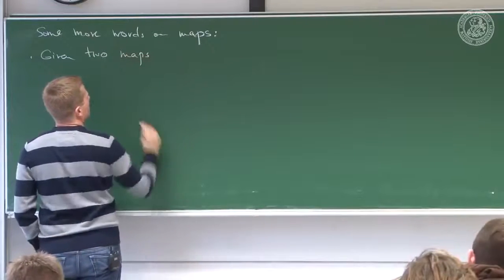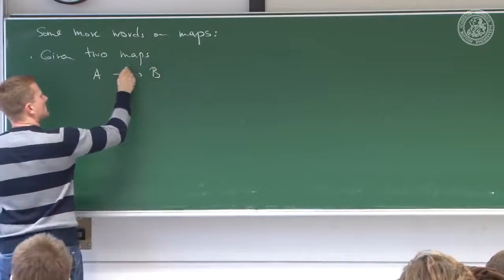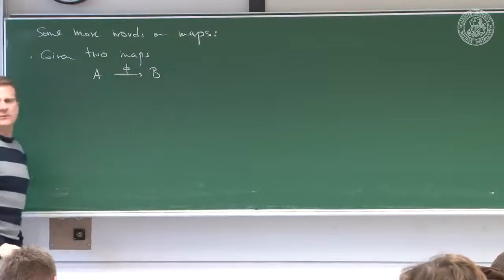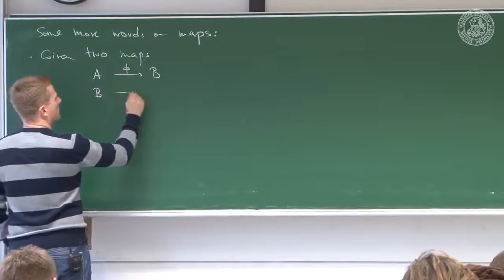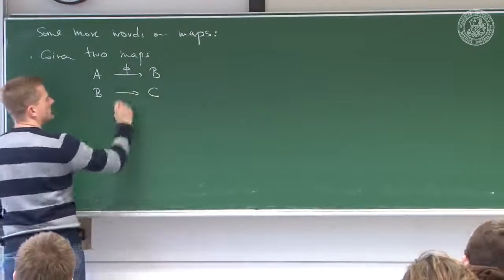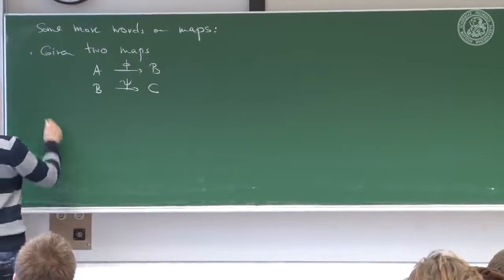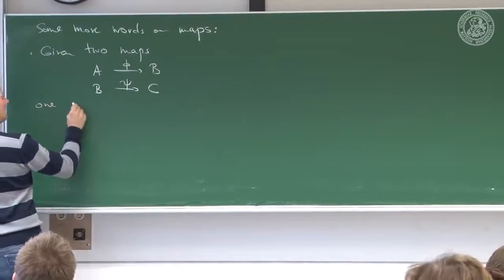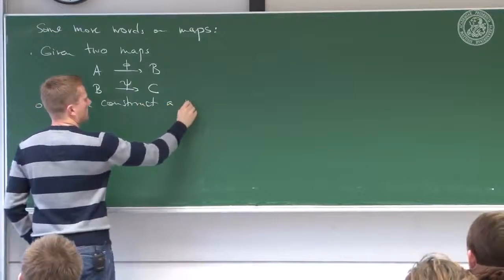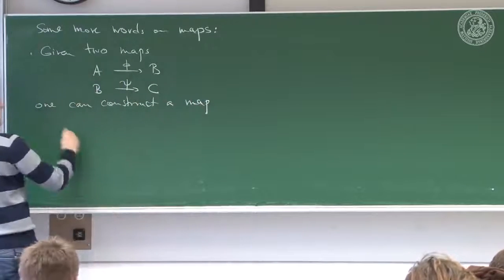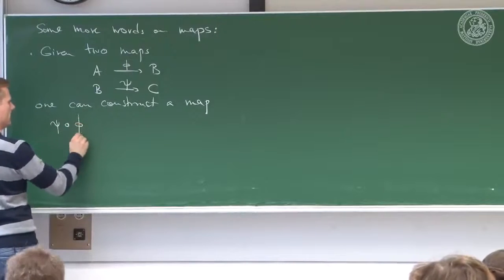Given two maps, phi from A to B, and sometimes it's convenient to denote the map on top of the arrow, and another map from B to C, let's call this other map psi. Given two maps, one can construct a third map.